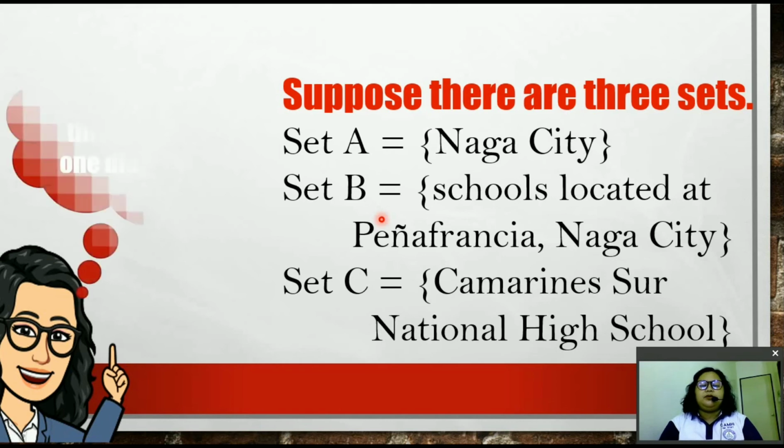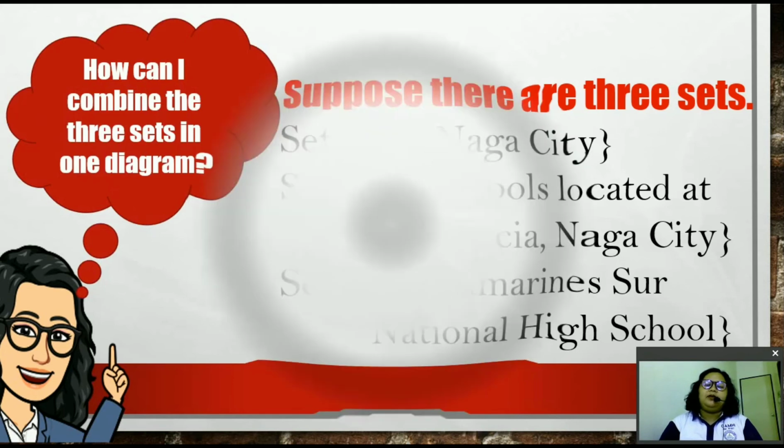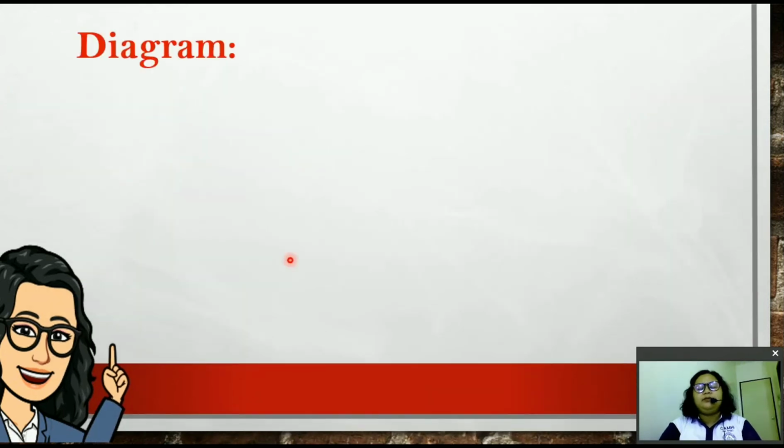Question, how can I combine the 3 sets in one diagram? Do you have any idea? How can I combine set A to set B to set C? What could be the possible diagram given set A as the entire Naga City, set B, and set C?